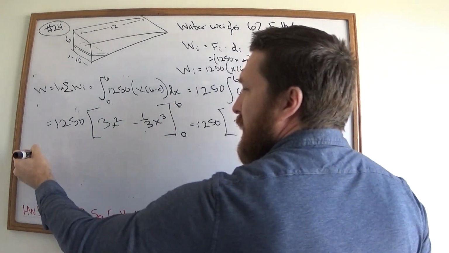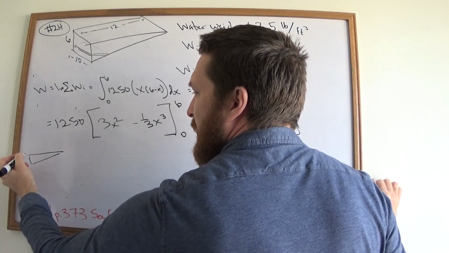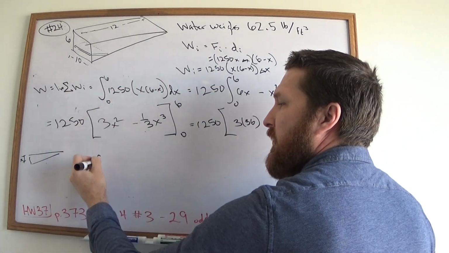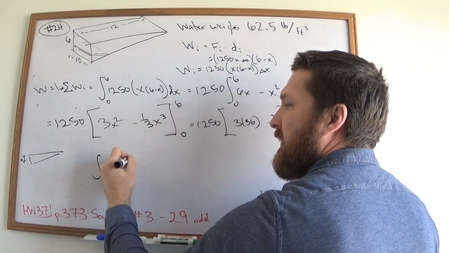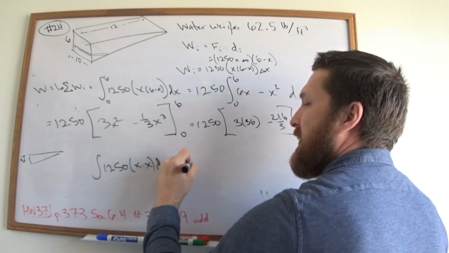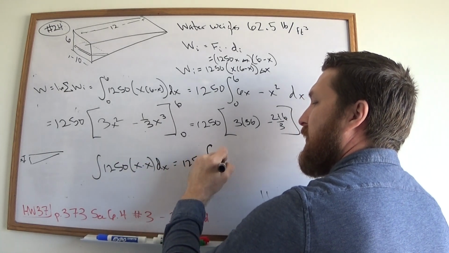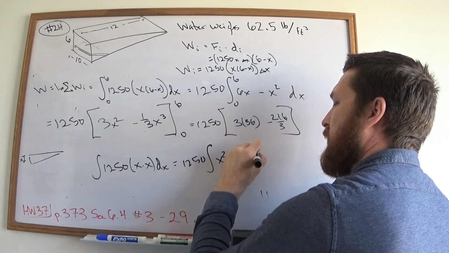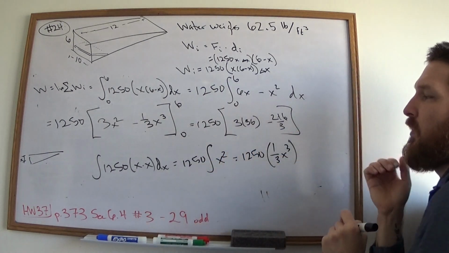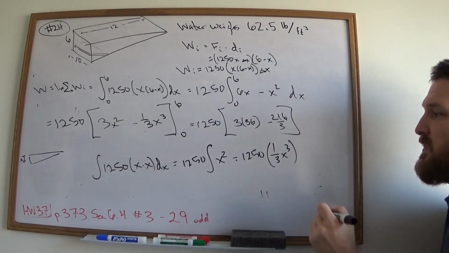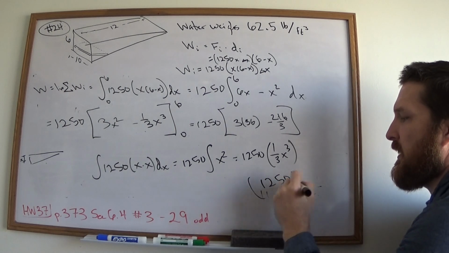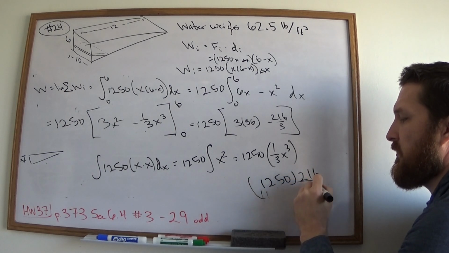If you said the distance from here to here is just x, when it's actually 6 minus x, what you would have ended up with was 1250 times x dx. You get 1250 times the integral of x squared, which would be 1250 times 1/3 x cubed, which we just figured out was 216 over 3, so 1250 times 216 over 3.